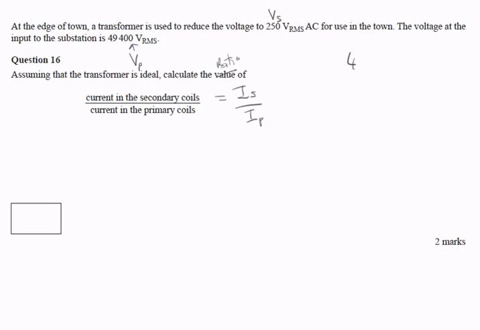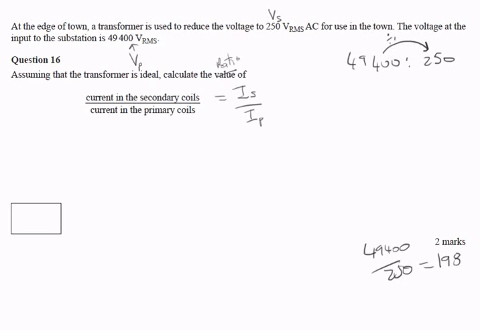Now if we go from 4940 to 250, our voltage gets smaller by, if you do the calculation of 4940 over 250, I think you get 198.